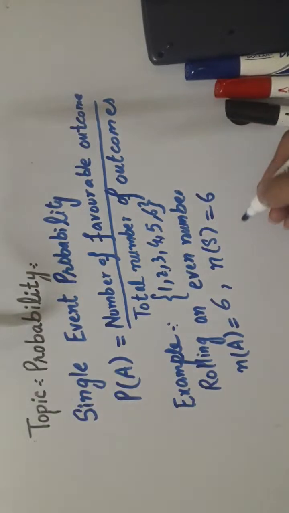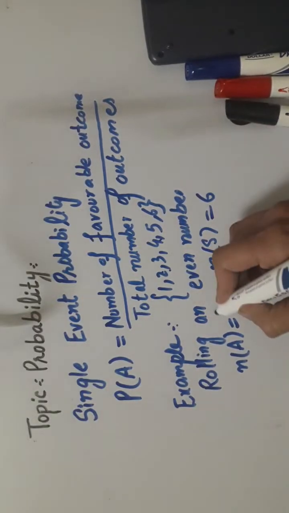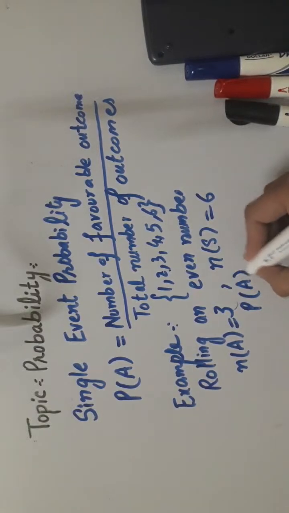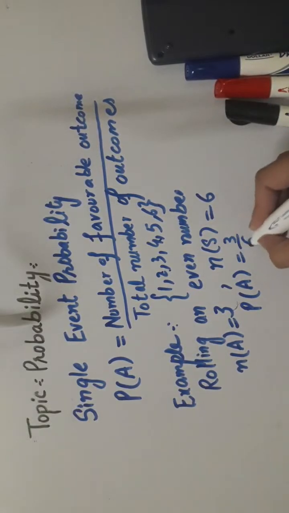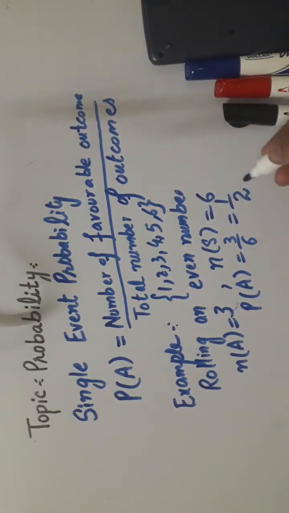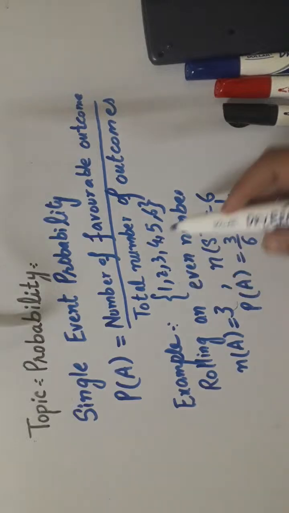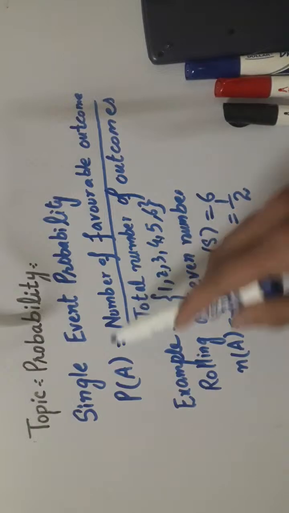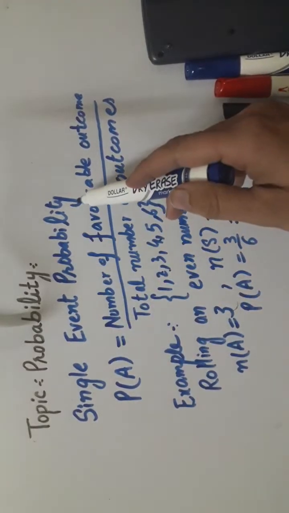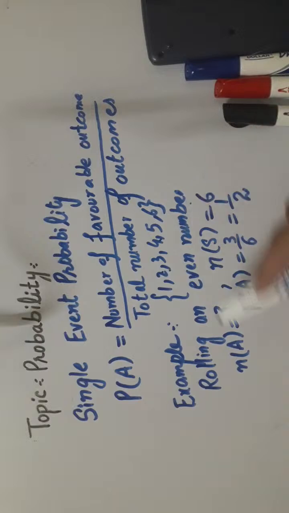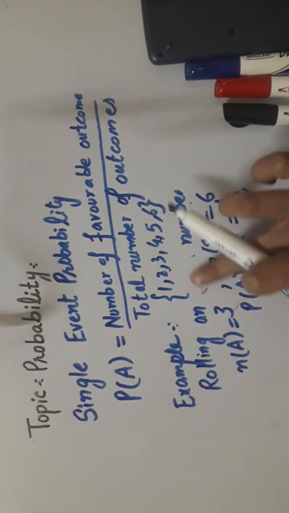So probability will be 3 by 6, which is equal to 1 by 2. I hope this example make you understand that what is a single event probability when you have rolling an even number. Same as you have rolling an odd number.